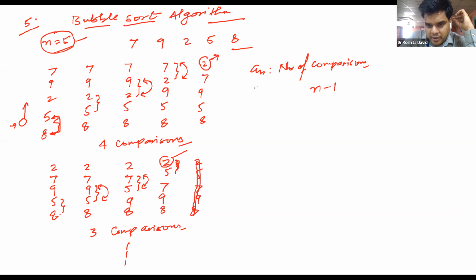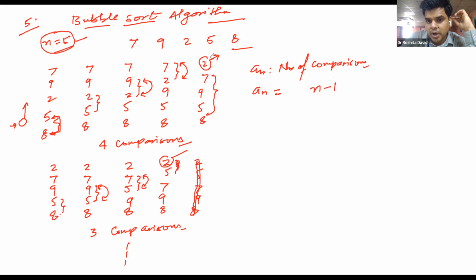Okay, so I can create this recurrence relation. a_n is equal to the total number of comparisons. These are required, right? For the first step, for this step. And for these remaining four numbers to sort, how many comparisons will be required? a_(n-1) comparisons, because n were there, so the total number of comparisons was n.